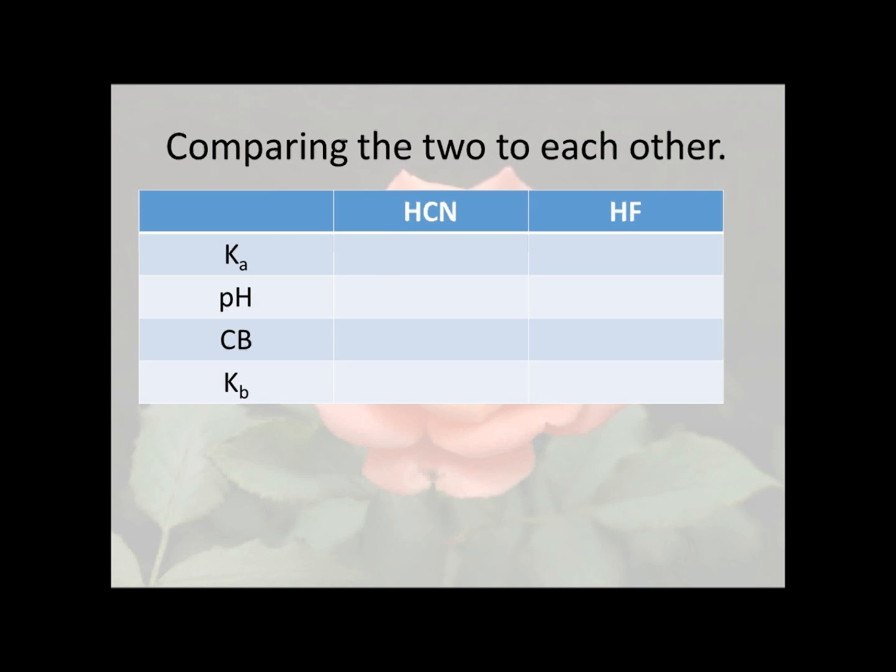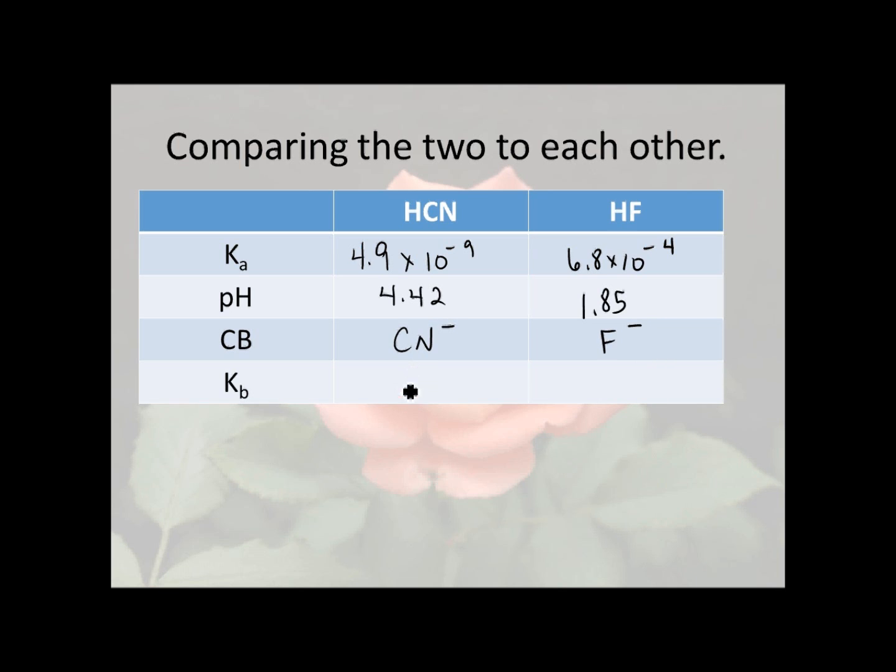Ka of the hydrocyanic acid was 4.9 times 10 to the negative 9. The Ka of the hydrofluoric was 6.8 times 10 to the negative 4. The pH of the hydrocyanic was 4.42. Of the hydrofluoric was 1.85. Conjugate base identity, cyanide ion; conjugate base identity, fluoride ion.